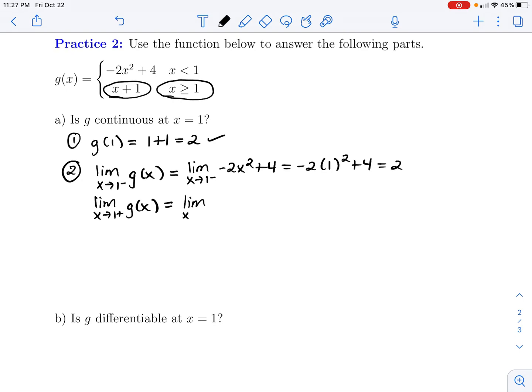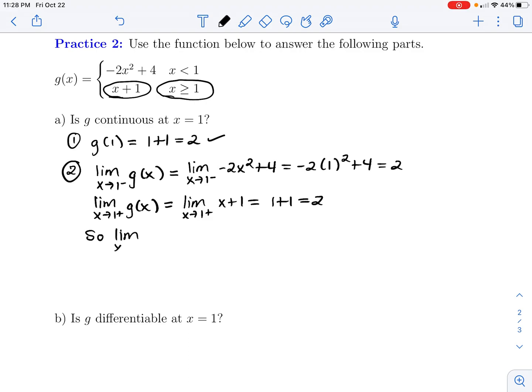Okay, now let's consider the limit as x approaches 1 from the right of the function. Now I'm going to be using the bottom piece, and when I plug in, I get 1 plus 1, which is 2. So the limit does exist because the left-hand limit equals the right-hand limit.